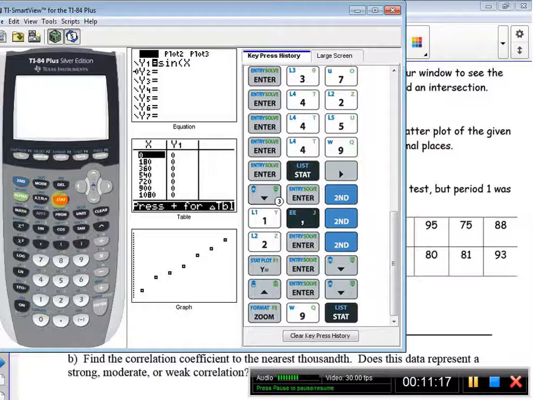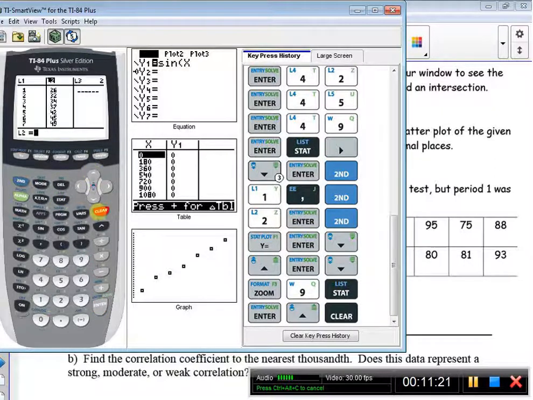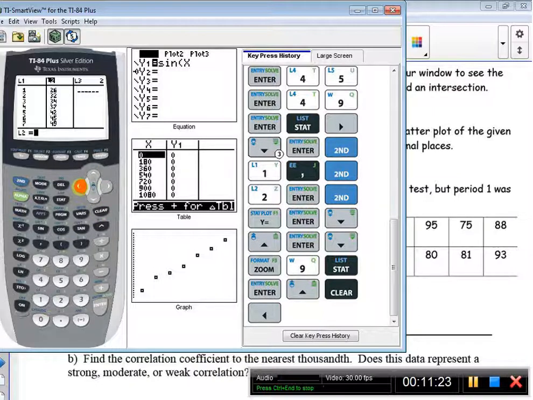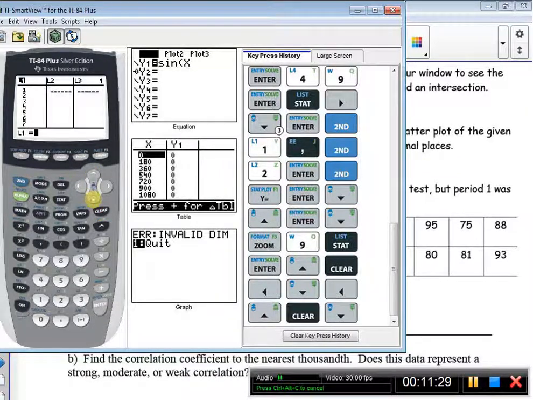So go to Stat, Edit, and clear out list 2, and clear out list 1. All right, and let's type in period 1.